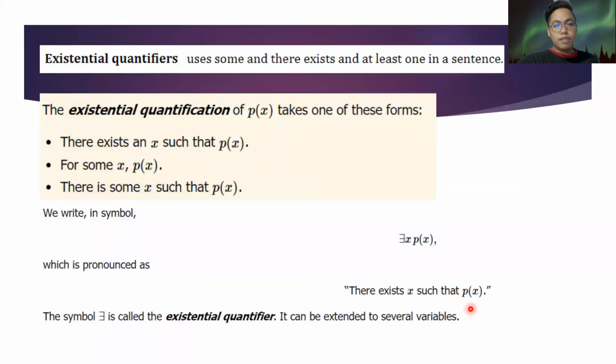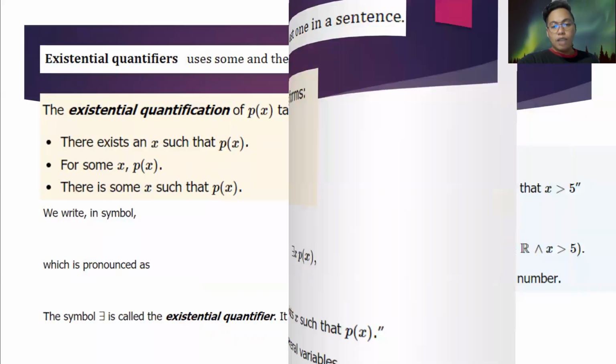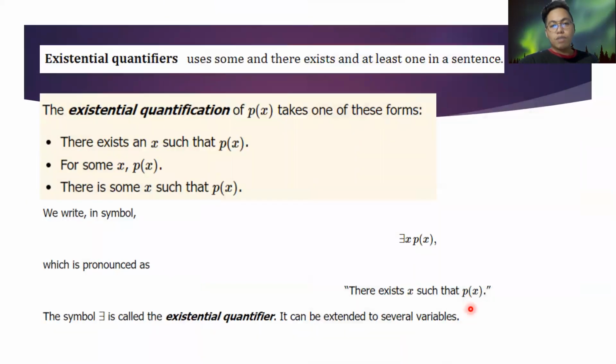The other one is the existential quantification. Actually, existential quantification is a negation of a universal quantification. When we say existential quantification, there exists an x such that P of x. This means not all x, P of x.